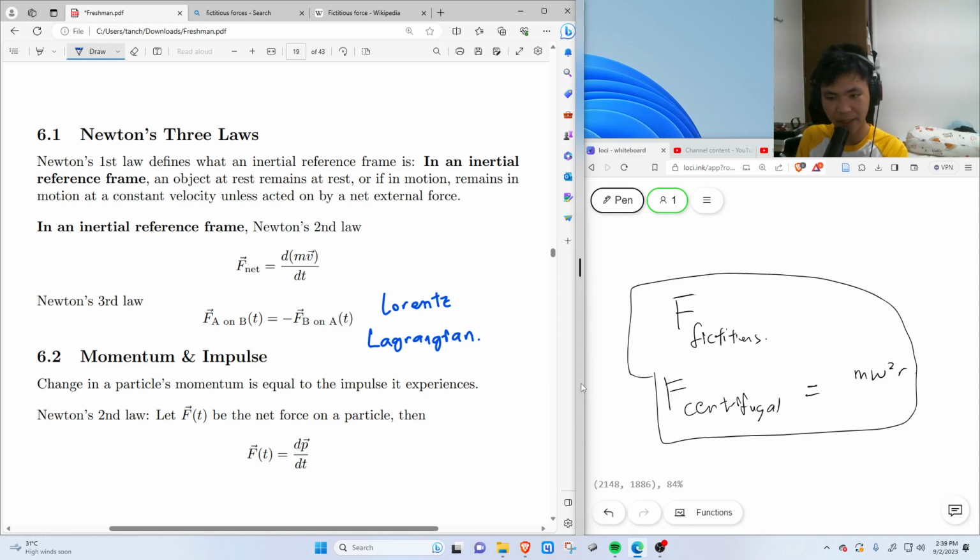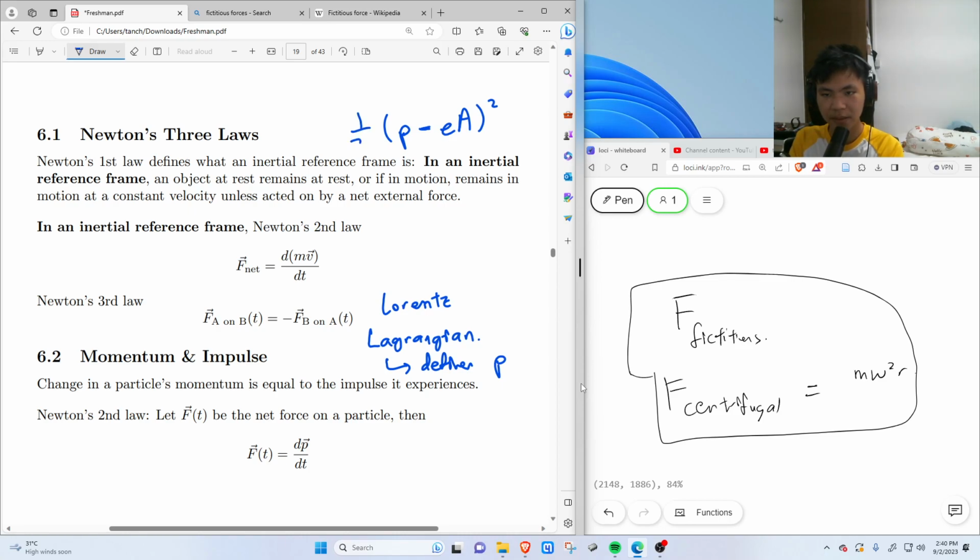Because in Lagrangian mechanics, we'll see how we actually define momentum. It's known as a canonical momentum. So it turns out that if we write the Lagrangian for electromagnetism, which would give rise to the Lorentz force, the momentum actually looks something like p minus eA, so p minus eA squared, something like that.